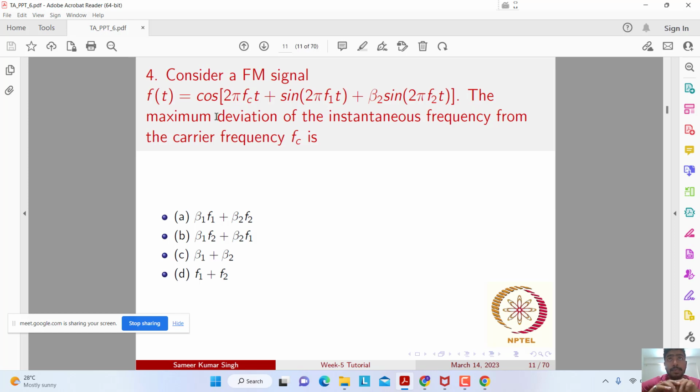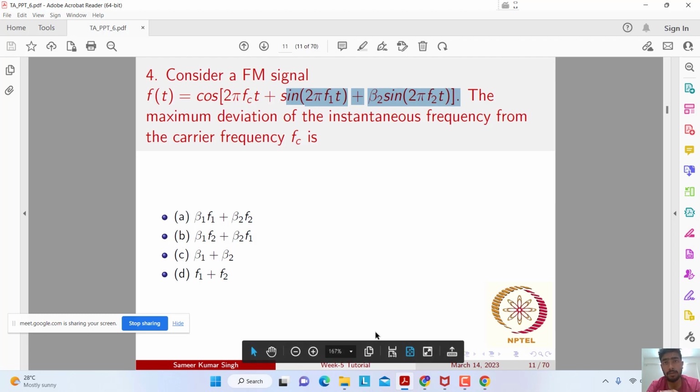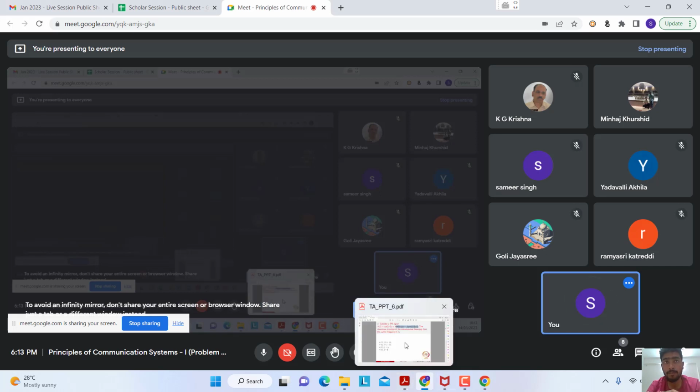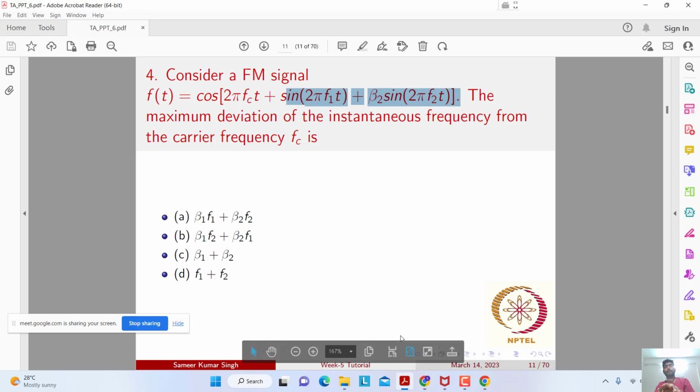Okay, so try this, calculate the maximum deviation. Question 4 is clear now? Okay, try this.